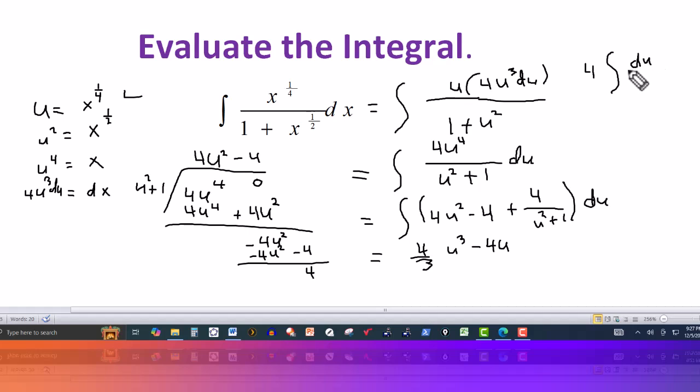And I'm doing it like this because this requires a special formula that we've used before. The formula was given as the integral of du over u squared plus a squared, where a was your constant. In our case, a squared is 1, which means that a is 1. So the integral of any expression that looks like this was equal to arctangent of u over a.